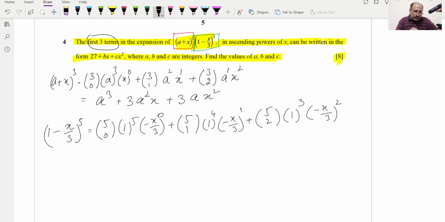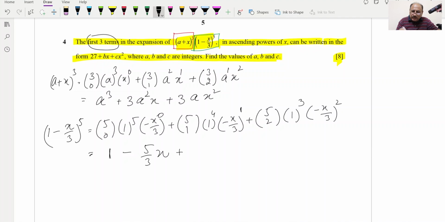Now this is basically the expansion. We know 5c0 is 1 and 1 raised to the power 5 is also 1, so everything is 1, so we will write here 1 minus, this will be minus because minus x over 3 raised to 1 will result in minus, and this will be 5 over 3 x. This will be the term.